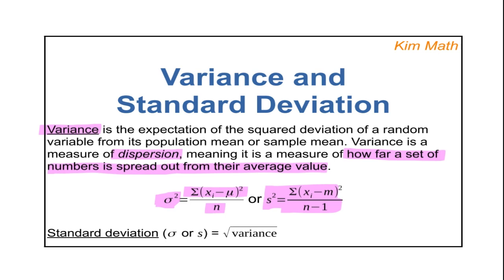The left equation can be used for population, and the right equation is used for sample. Please note that the main purpose of a sample is to guess about the population. In that case, we must divide by n minus 1. Okay?